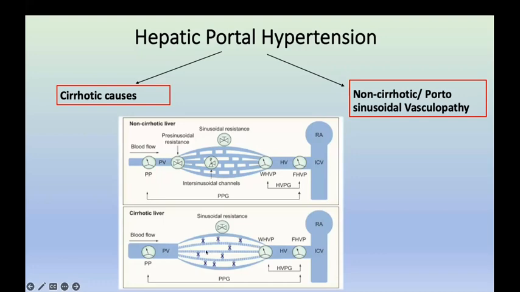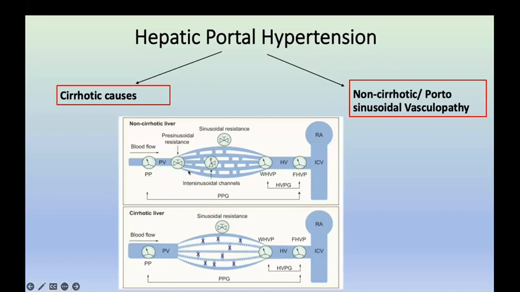If you look at the picture below, you can see what has happened to these sinusoidal channels in the cirrhotic liver. Most of the channels are disrupted, and as a result the sinusoidal resistance has gone up.